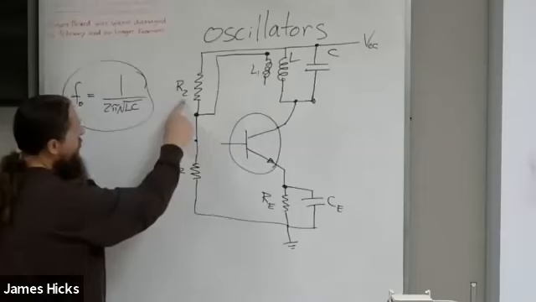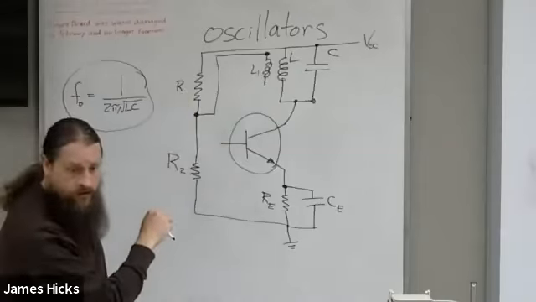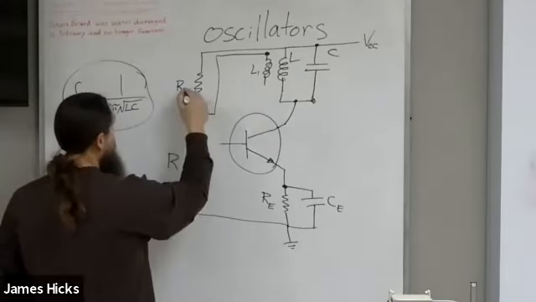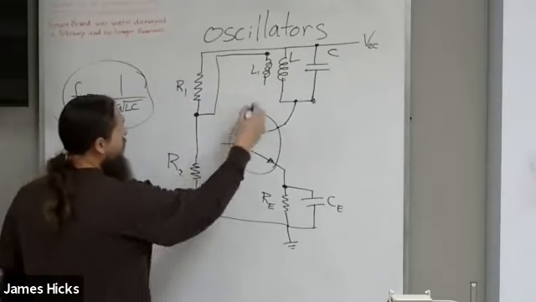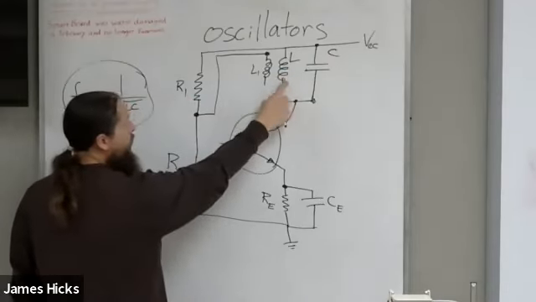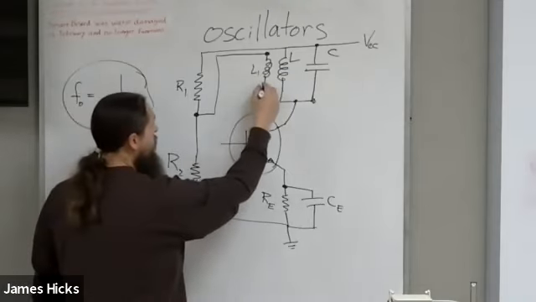So I'm going to give my R1 and R2 for biasing. Through L and L1, I'm coupling back some signal.